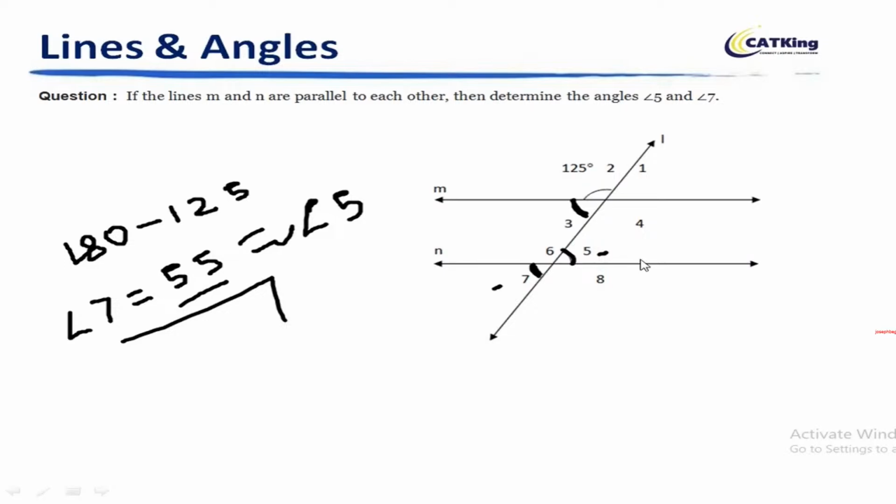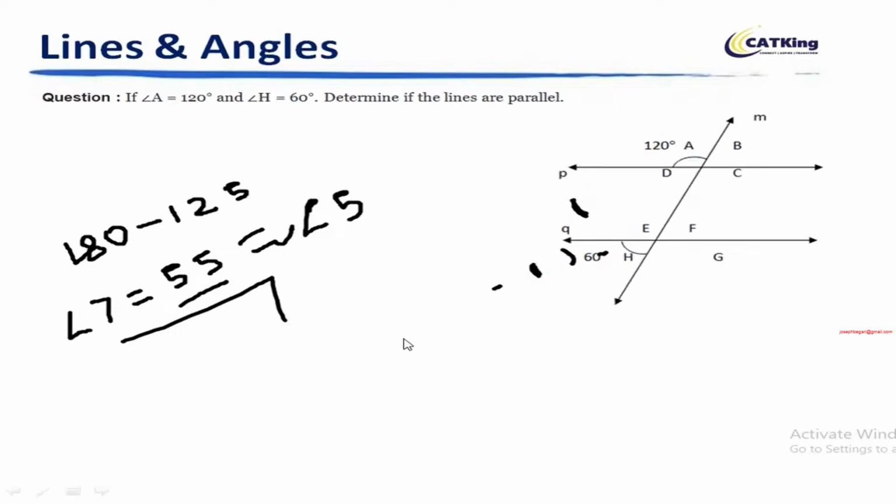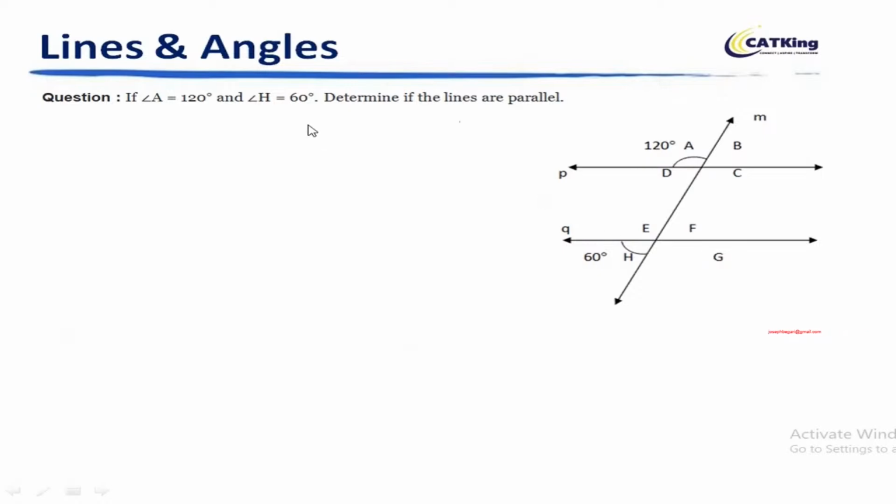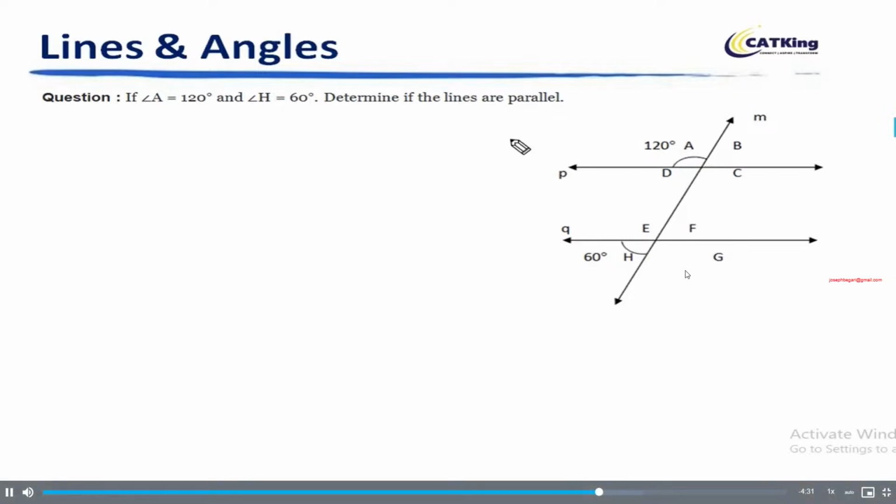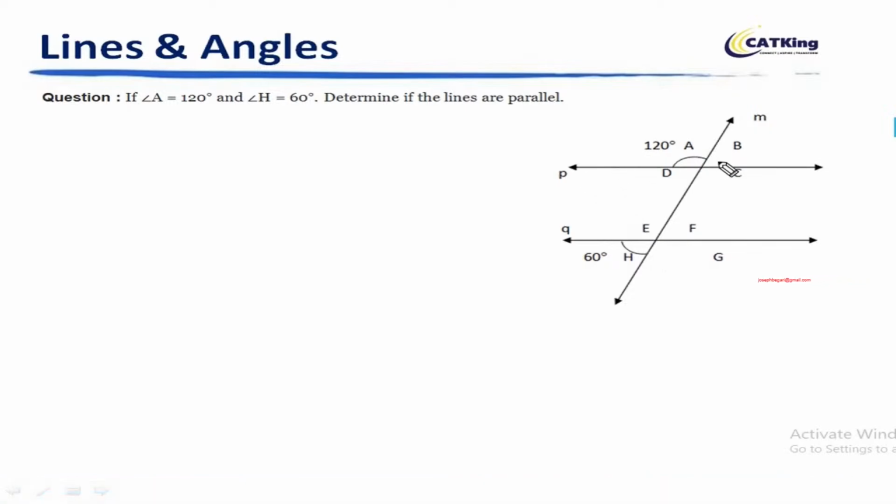So let's look at the second question. Okay. Here it is given that angle A is equal to 120 degrees and angle H is equal to 160 degrees. So we need to find whether these two lines are parallel or not, right?